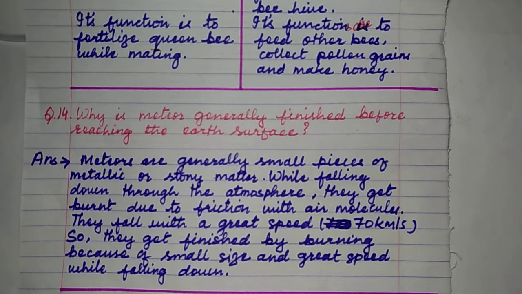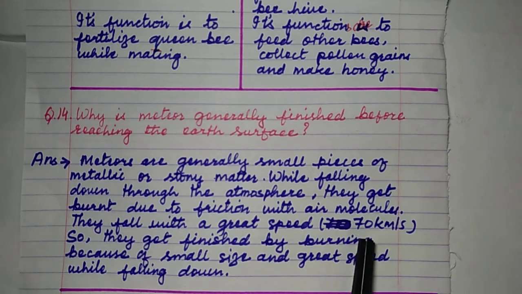So meteors, if they are coming closer to the earth, then gravity of the earth pulls them down, and while falling through atmosphere there occurs friction between meteor and air molecules, and that causes burning of meteor, and they fall with a great speed, and that causes severe burning, 70 km per second.